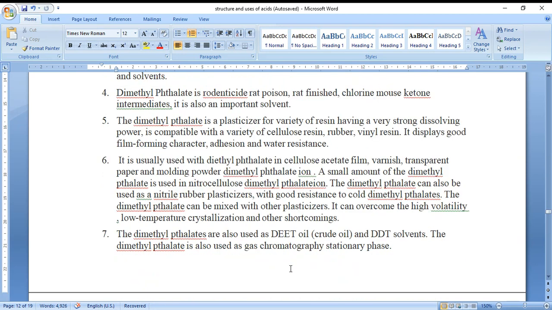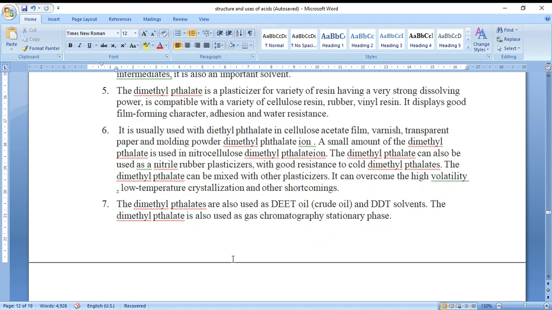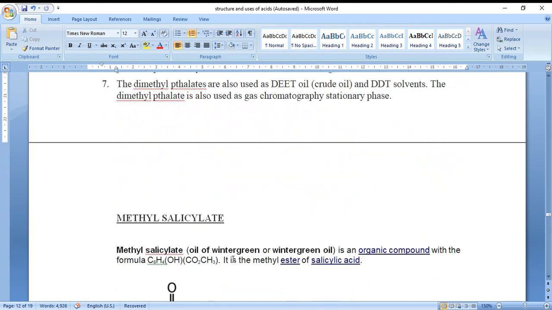This dimethyl phthalate is used in DEET oil, which is a crude oil, and it is also used in DDT solvents. You know, DDT is one of the mosquito killing agents generally used in our areas, and dimethyl phthalate is also used as a chromatography stationary phase.